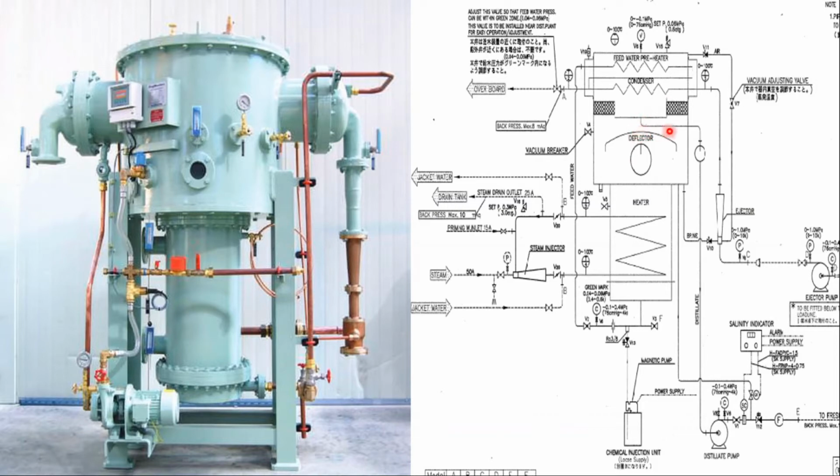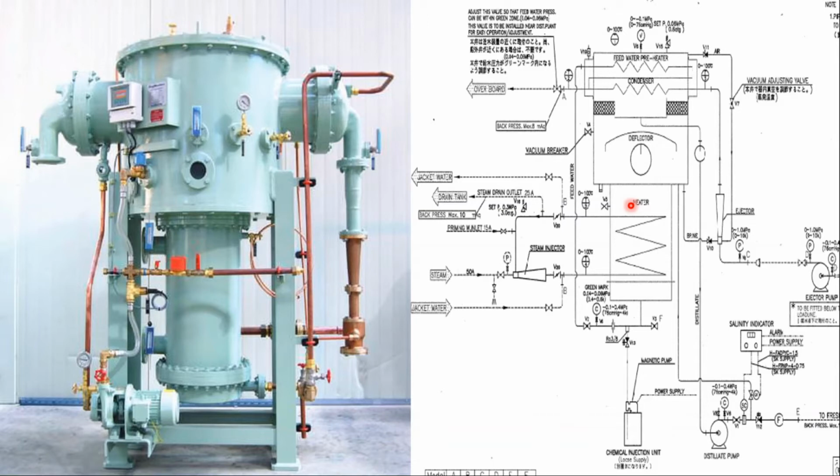This line is the suction to the distillate pump, and this is the sight glass. This is the heater section. Inside the heater section there are vertical tubes.